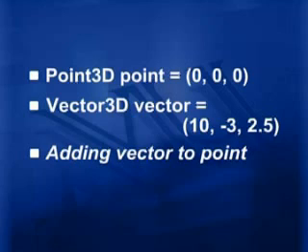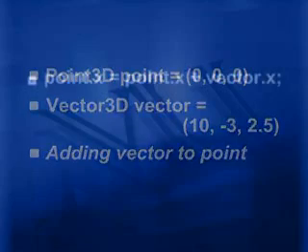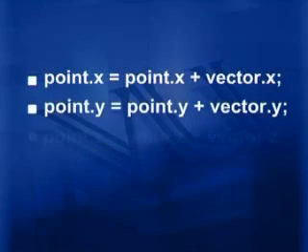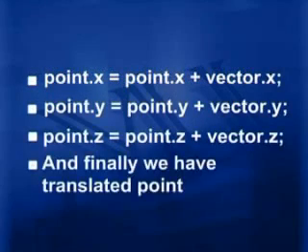Then when adding the vector to the point, we get point dot x equals point dot x plus vector dot x, point dot y equals point dot y plus vector dot y, point dot z equals point dot z plus vector dot z, and finally what we have is a translated point.